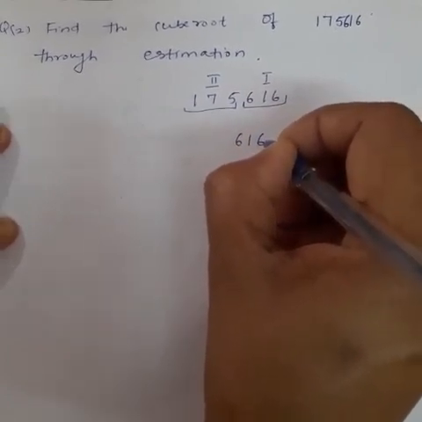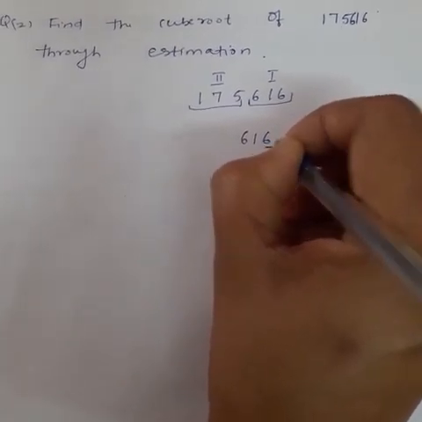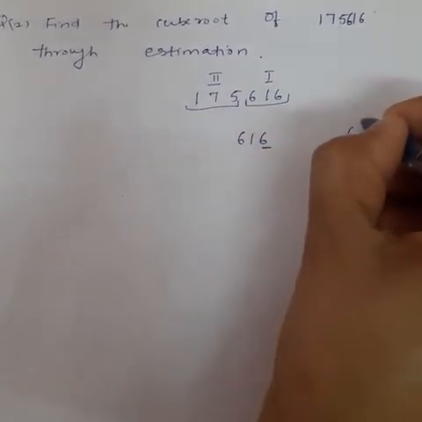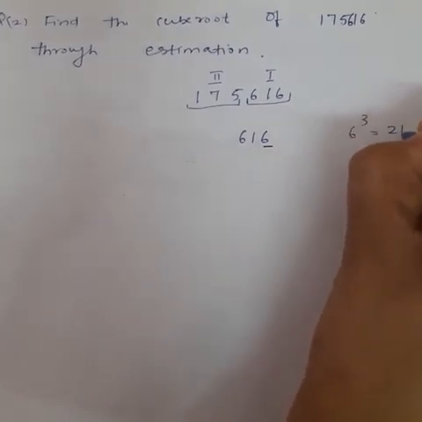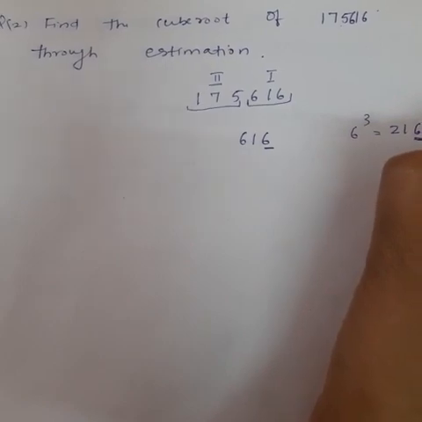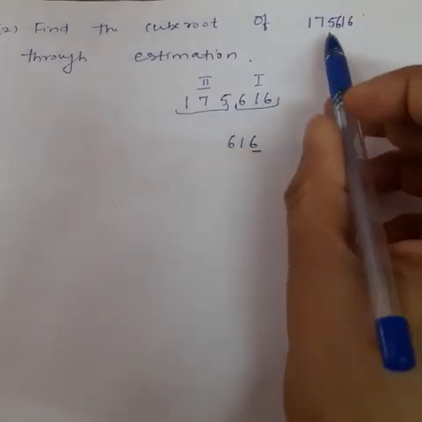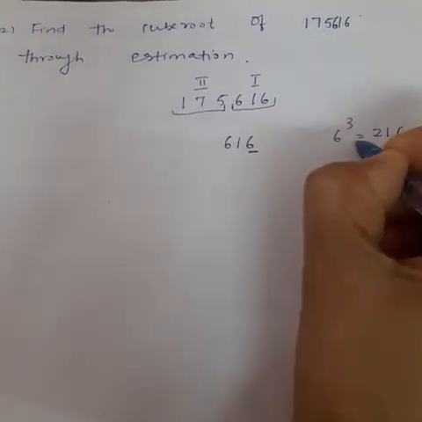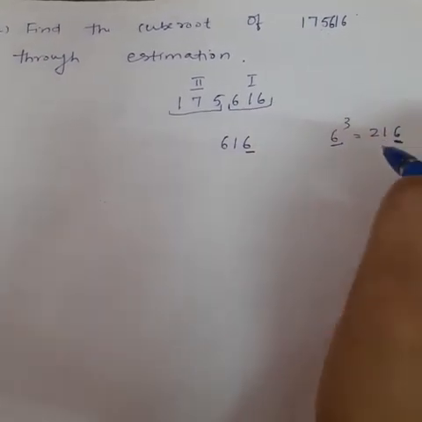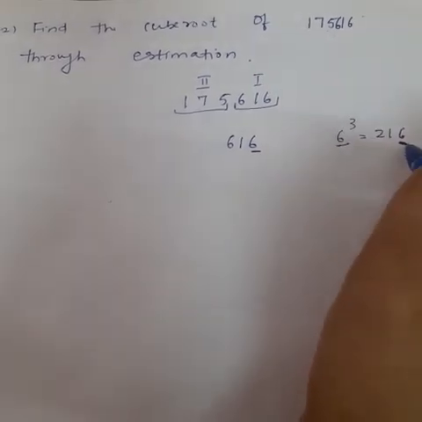So it has 6 in its ones place. We know that cube of 6 is equal to 216, which consists of 6 in its ones place. So the ones place of the cube root of the given number will be 6. We got the ones place of the cube root of this number, that is equal to 6.